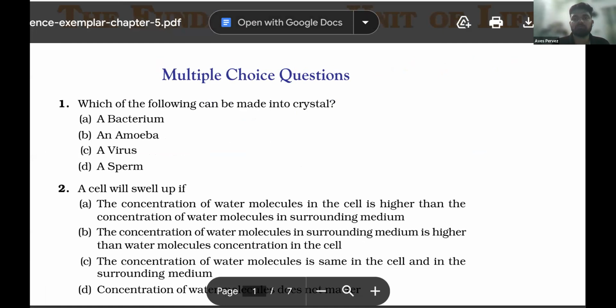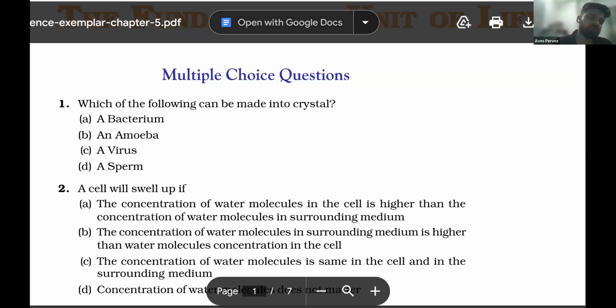Amoeba. Okay, yes, it is correct. Amoeba, no, it is not correct. Check it again. Viruses, not bacteria. Check it again.